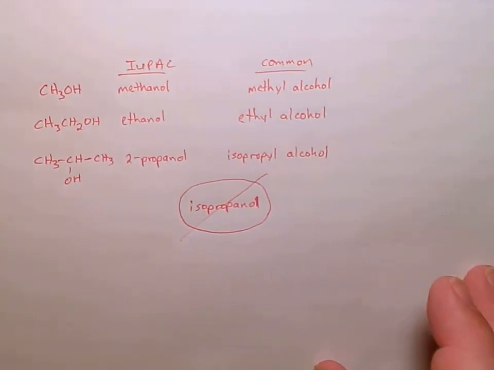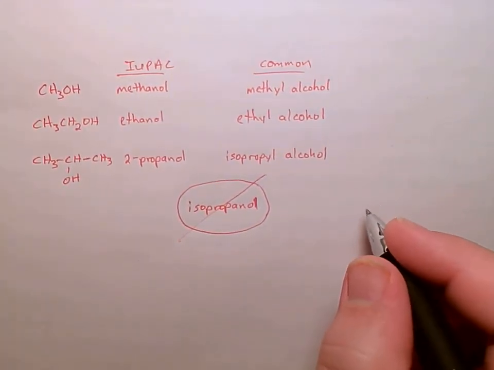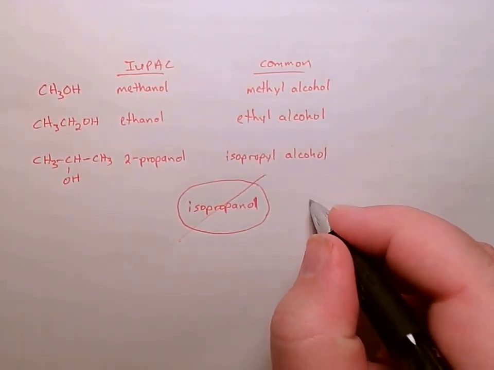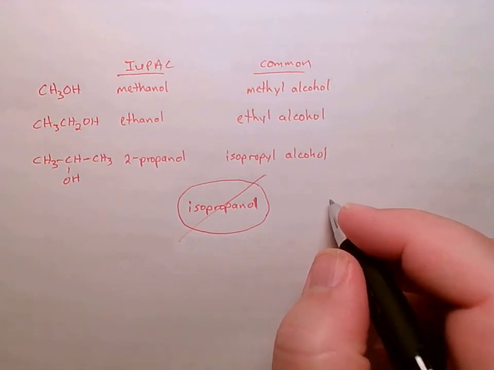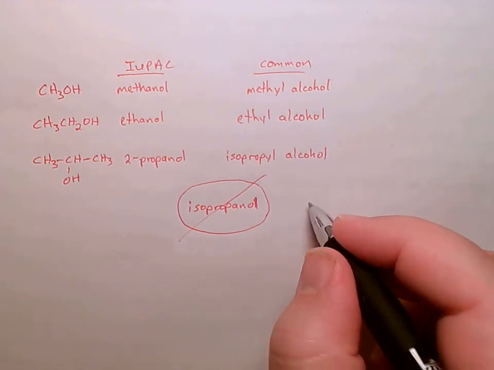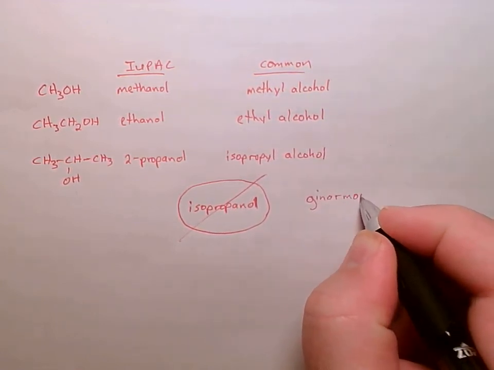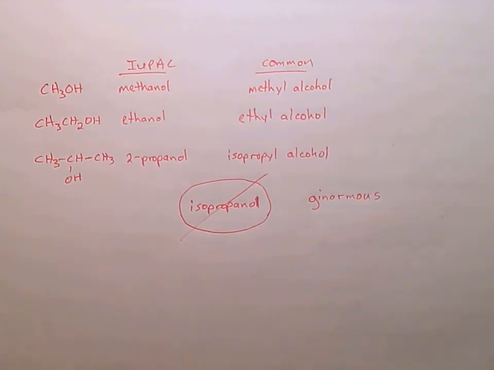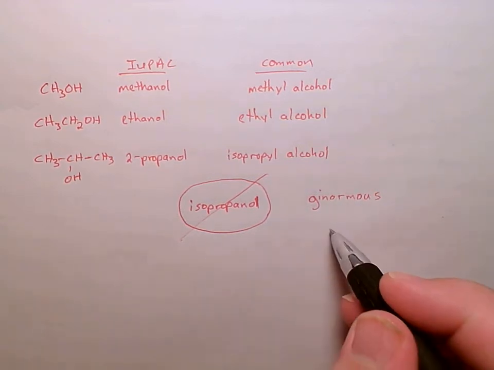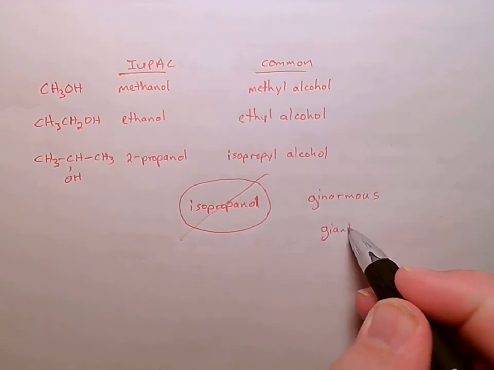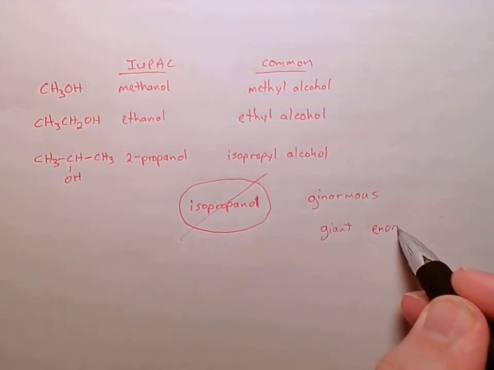It's the chemistry equivalent of the web-based online word ginormous. If I said something was ginormous, what does that mean? Well, you know what it means. Ginormous means really huge, really big. But it comes from giant and enormous.